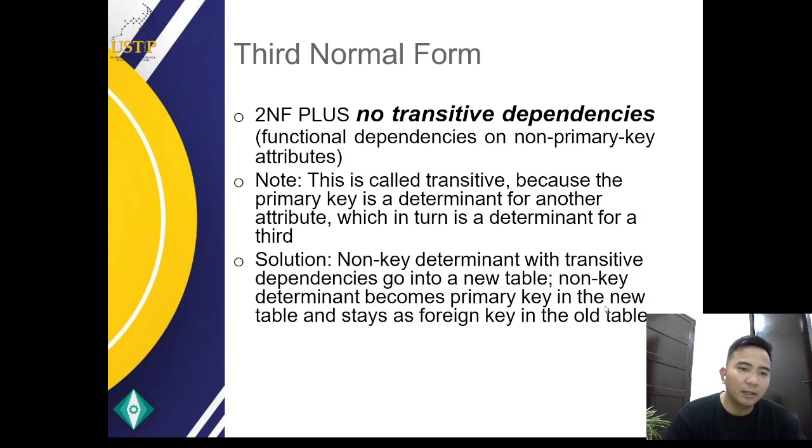Take note that this is called transitive because the primary key is a determinant of another attribute, which in turn is a determinant of a third. The solution for this is that the non-key determinant with transitive dependencies goes into a new table. The non-key determinant becomes the primary key in the new table and stays as a foreign key in the old table.